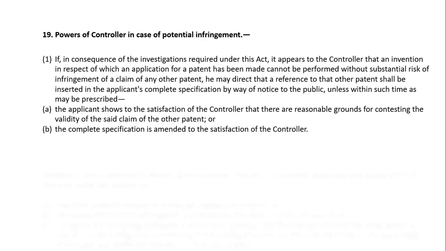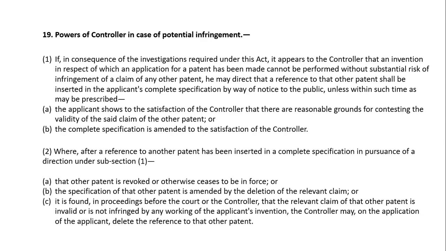See, section 18 is about publication and priority date claims, whether the patent is granted or only published. Your section 18 is anticipation by any way, right? But here, when infringement comes, only granted patents will be considered. So that is the basic difference between 18 and 19.